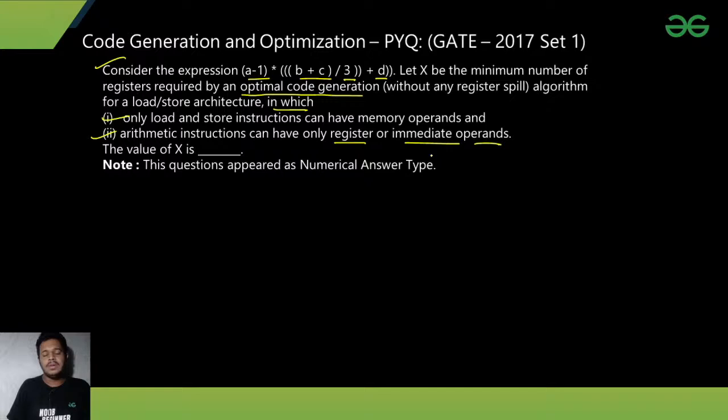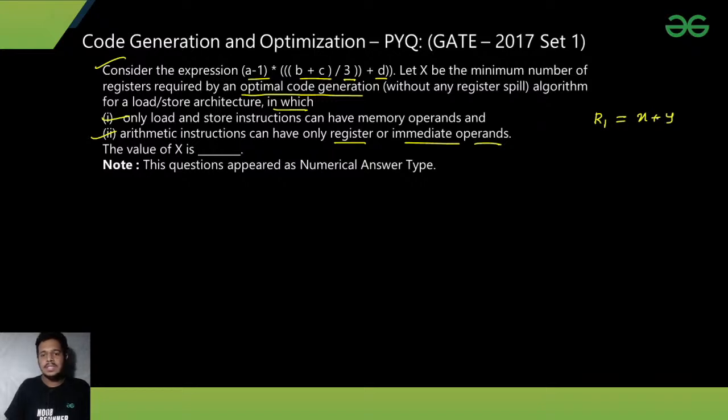It means that any arithmetic operation should not have any kind of variables. We cannot write like this. Suppose I am telling that R1 is equal to X plus Y. We cannot write like this because there are two operands, and we cannot take a memory operand.